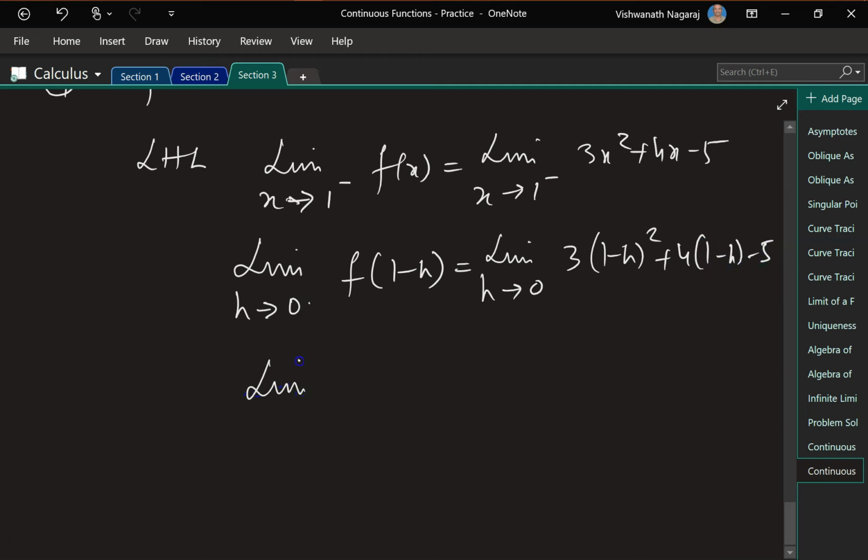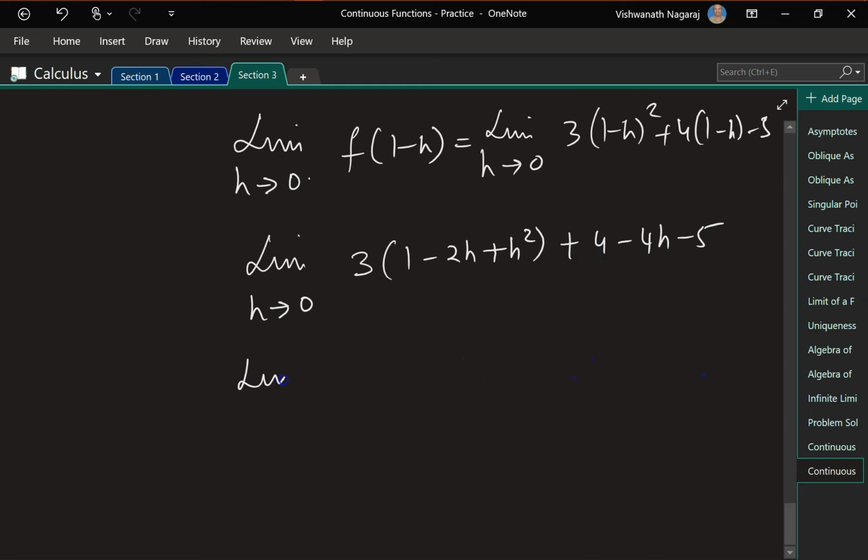So limit as h approaches 0 of 3 times 1 minus 2h plus h square plus 4 minus 4h minus 5.